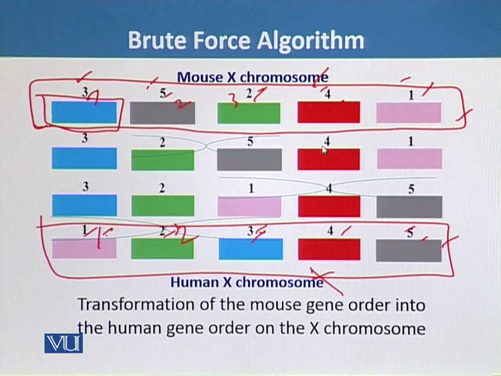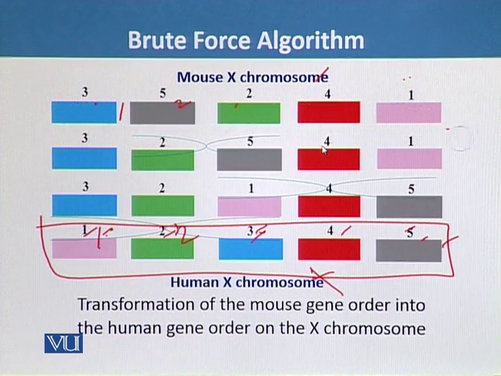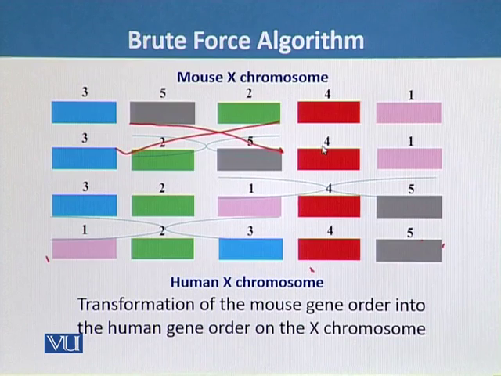The simple thing is that we can just replace these syntenies to order the sequence of mouse and human. For example, if we replace this one with this one and this one with this one, number 5 with 5, 2 with 2, we will come up with the same order of the human and the mouse.